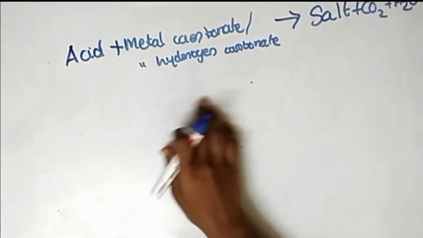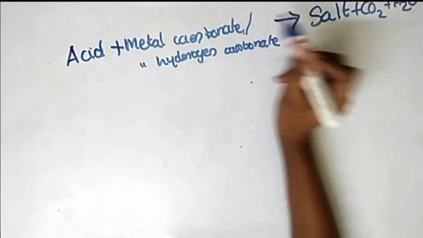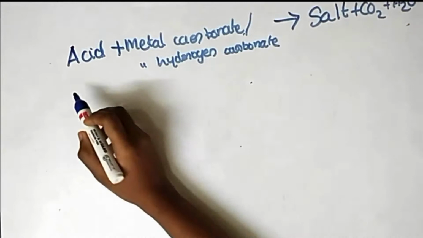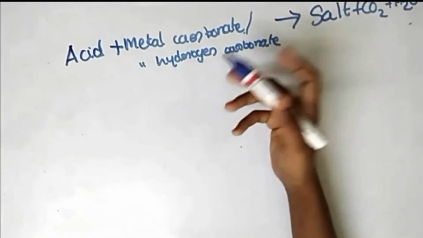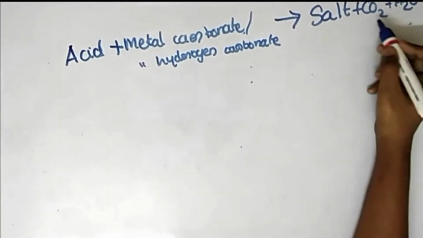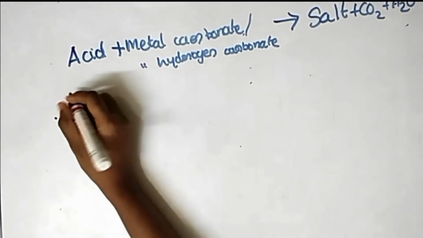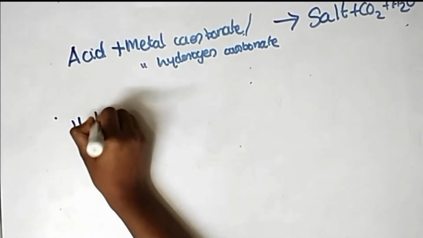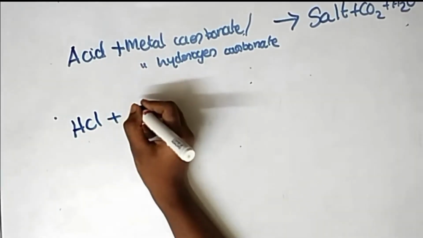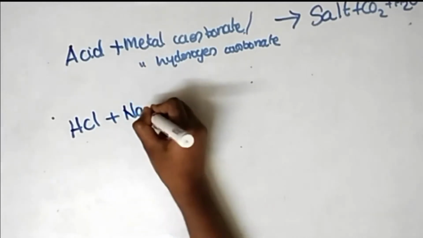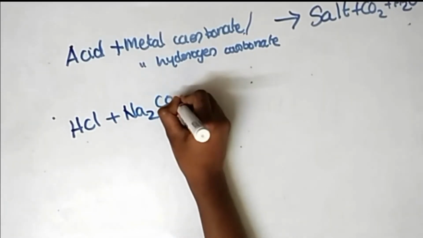So remember that when an acid reacts with a metal carbonate, salt plus carbon dioxide plus water is formed, and similarly when the acid reacts with a metal hydrogen carbonate, salt plus carbon dioxide plus water is formed. For example, we can take an acid like hydrochloric acid and mix it with a metal carbonate, sodium carbonate, Na2CO3.